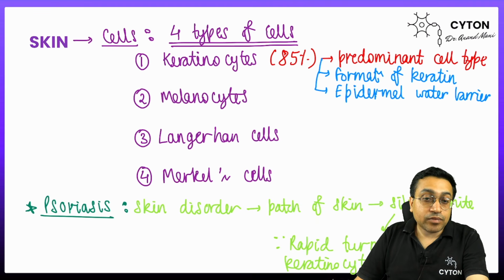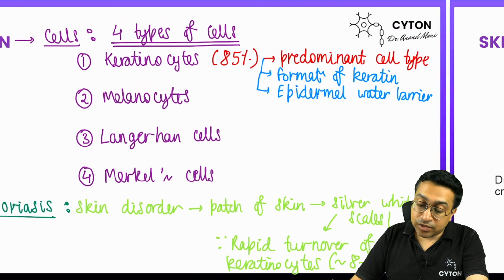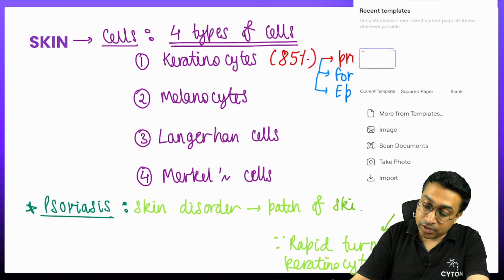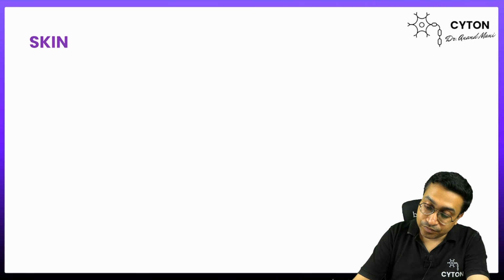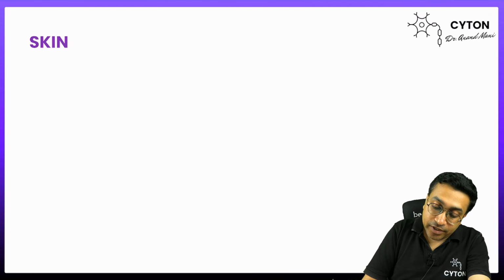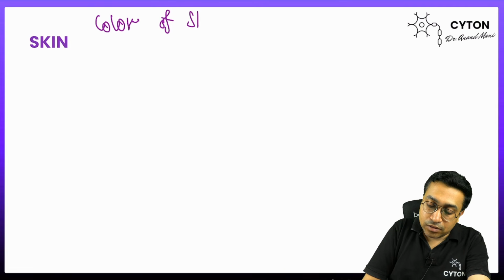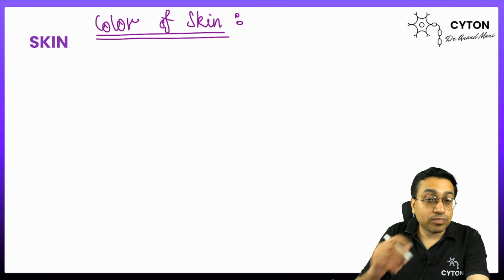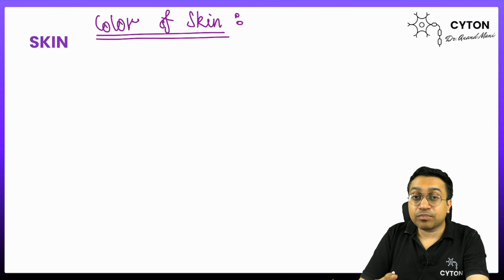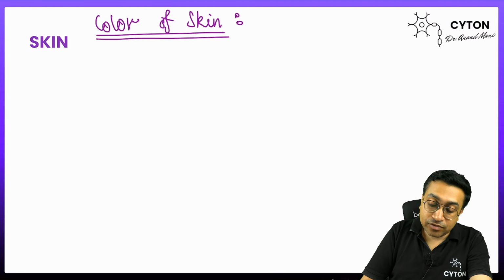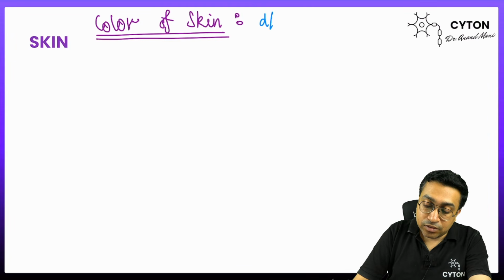Okay, then you have something known as the color of the skin. Before I go further, let me just add here: we have the entity that is the color of the skin. Now this color of the skin depends upon the presence of pigments. What are the three pigments which are responsible?